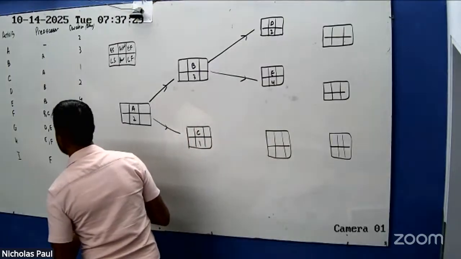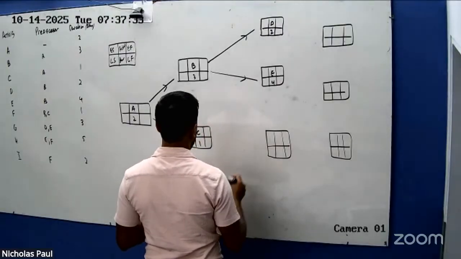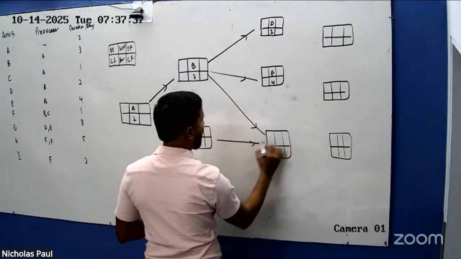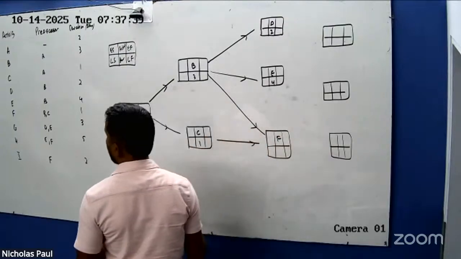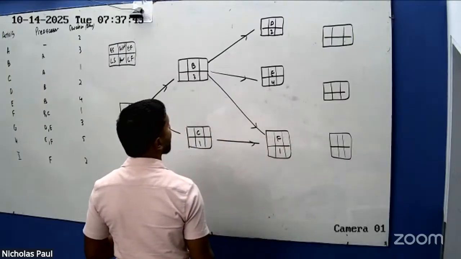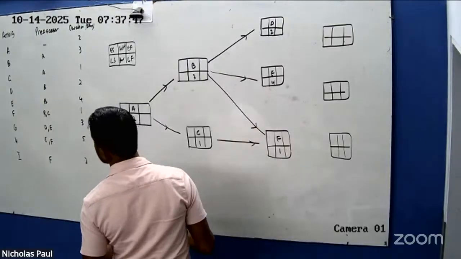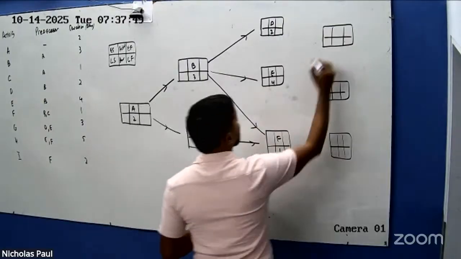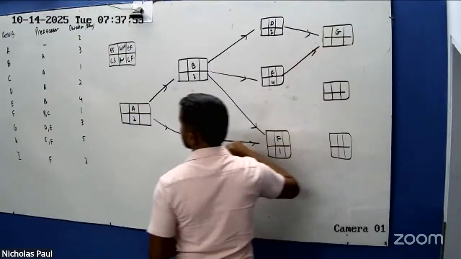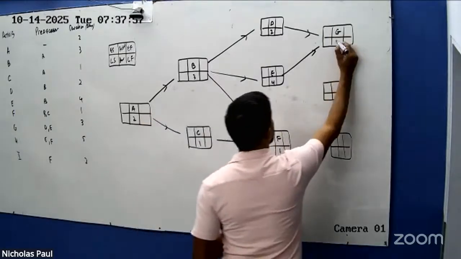F is dependent on B and C, and F took 1 day. And then G is dependent on D and E, and G took 3 days.